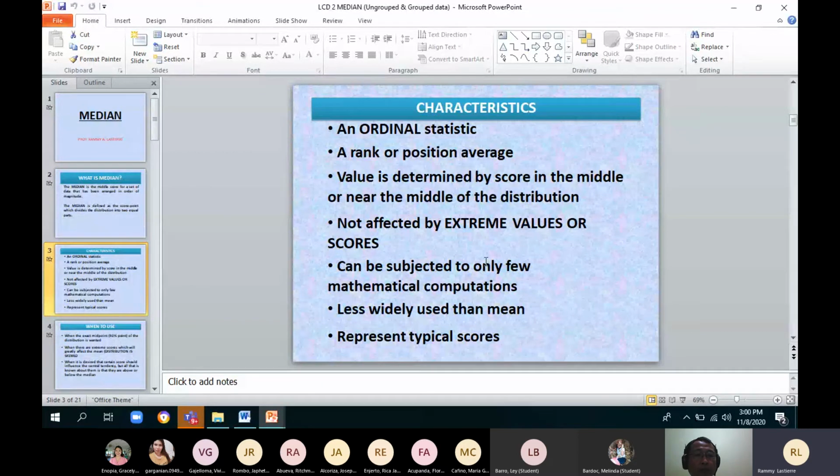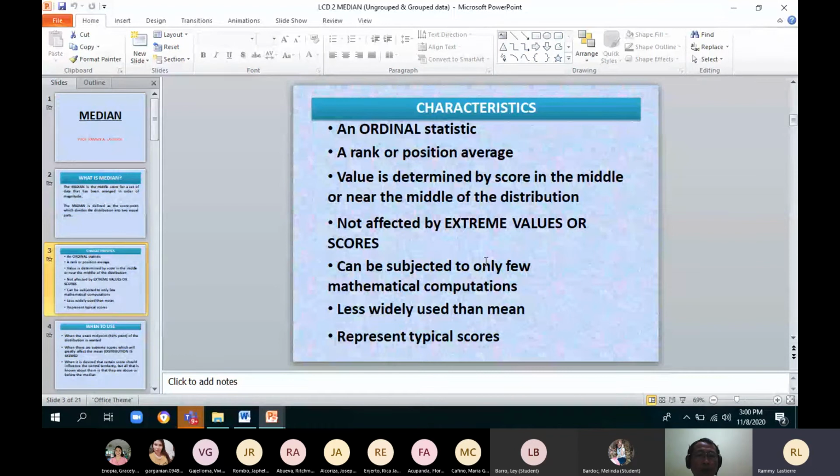That is why it is not affected. For example, income: someone has an income of 75,000 a month. Then it goes up to 50,000 a month. Then followed by 48, then followed by 35. So, very extreme values.